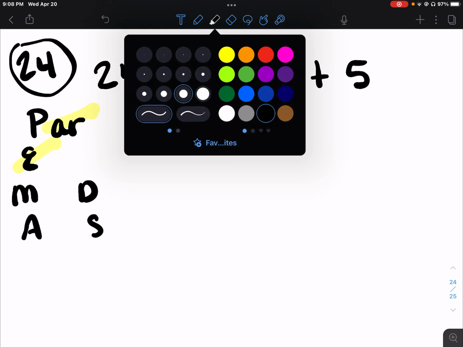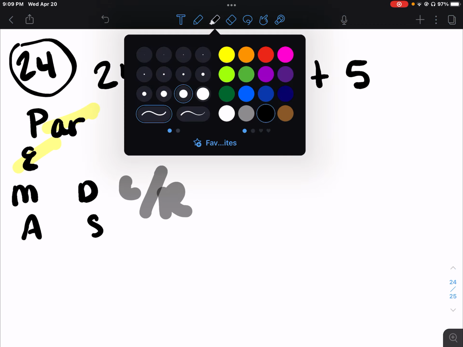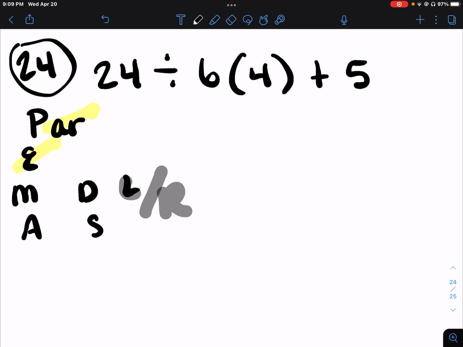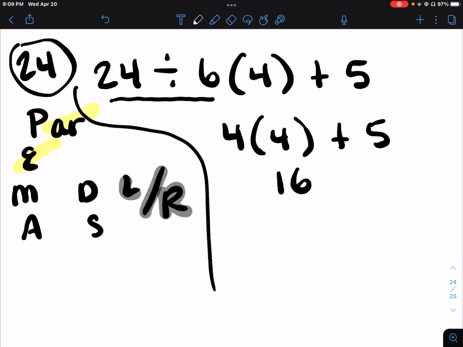The parentheses means multiply there because there's just a 4 there. We multiply and divide left to right. Okay, so 24 divided by 6 is 4. We multiply before we add and subtract. 4 times 4, and then add.